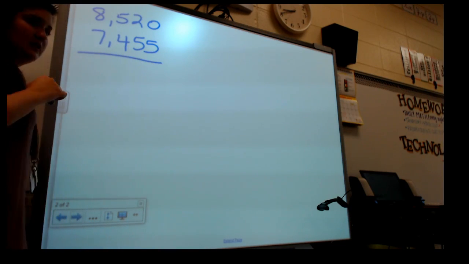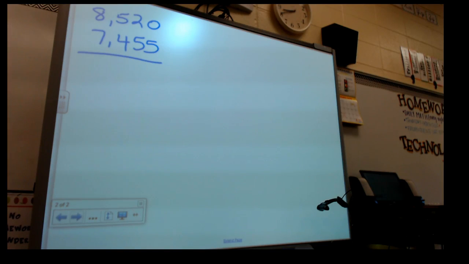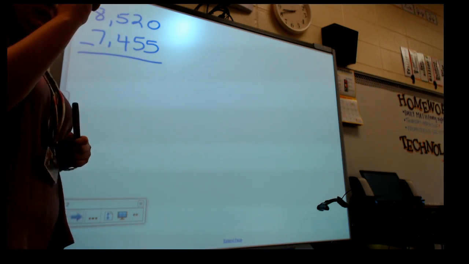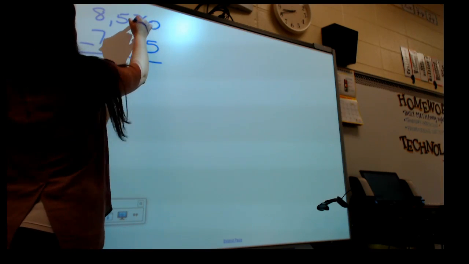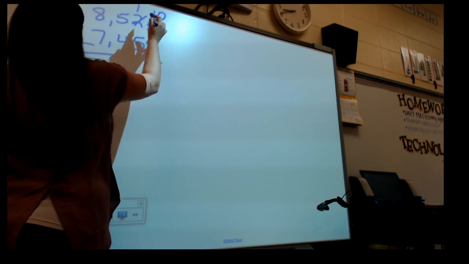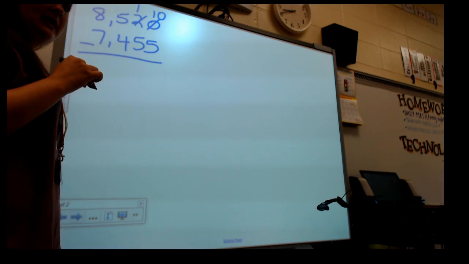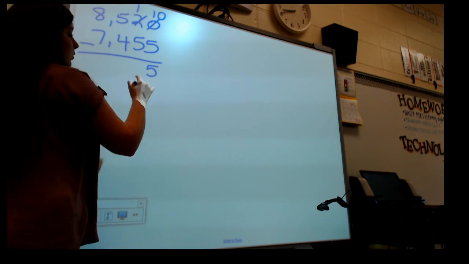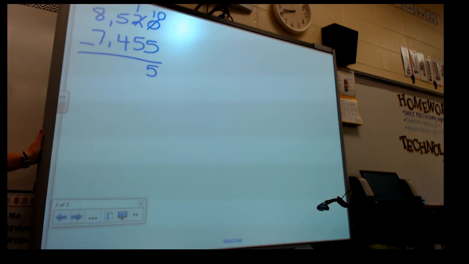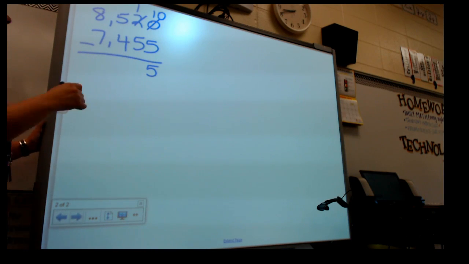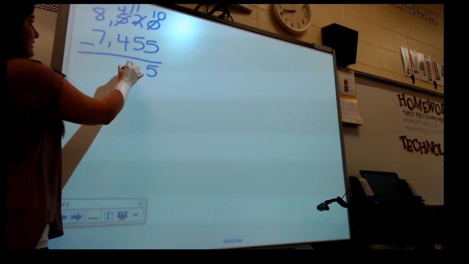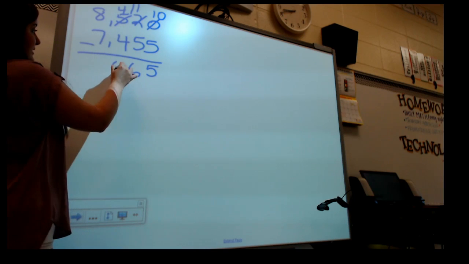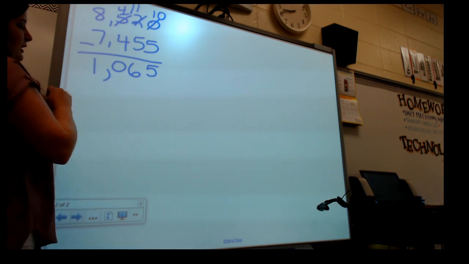And what am I doing with this one? Subtracting. All right, what is 0 take away 5? That means there's more on. Gotta go next door and get some. So that will become a 10. 10 take away 5 is 5. 1 take away 5. Gotta go next door and get some. So that will become 11 take away 5 is 6. 4 take away 4 is 0. Bring down my comma. Take away, and I have 1.